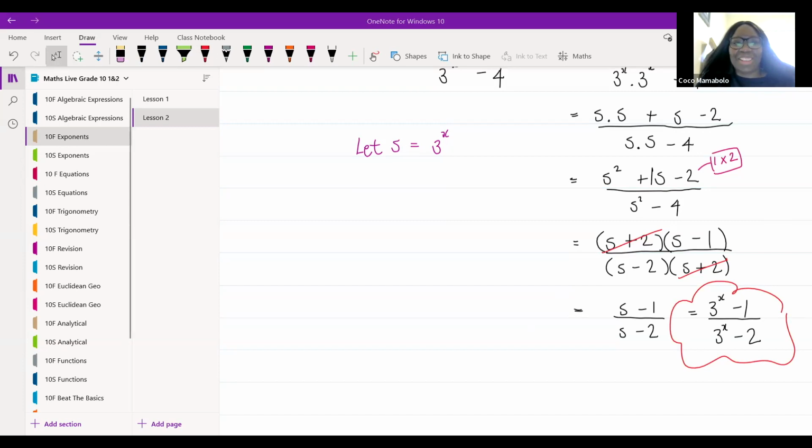Ma'am, I have a question. In class, my maths teacher told me that if we have numbers with indices, maybe like 25 to the power x, we have to change them to prime numbers before we can do that.